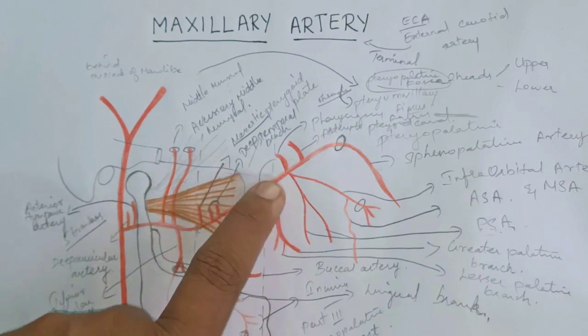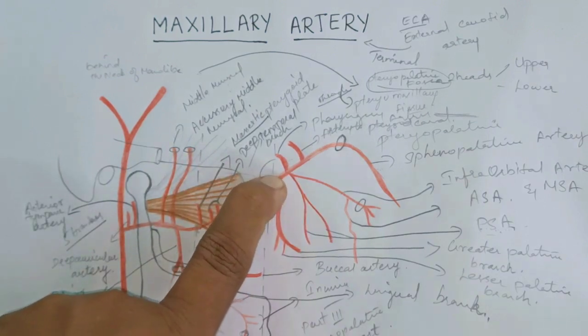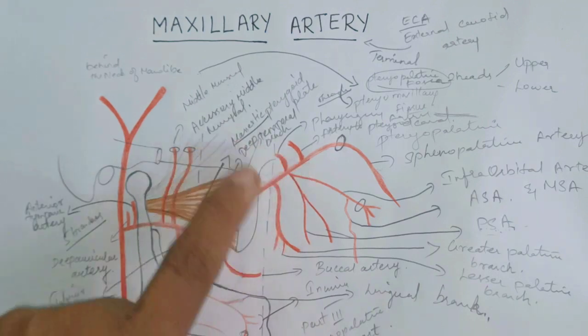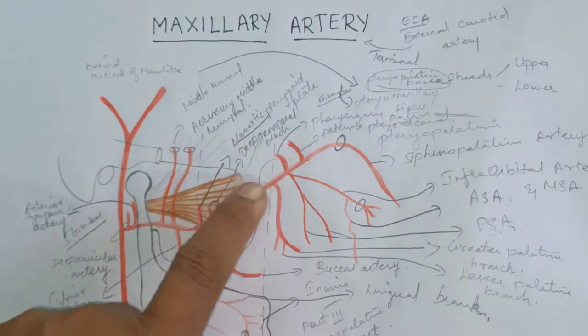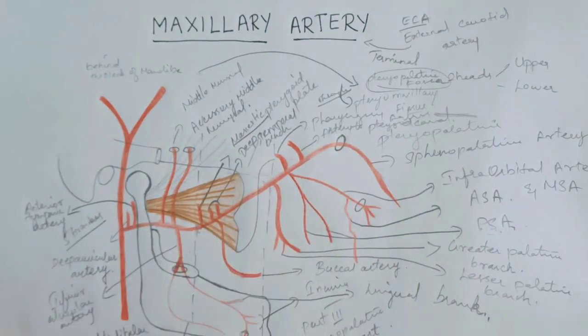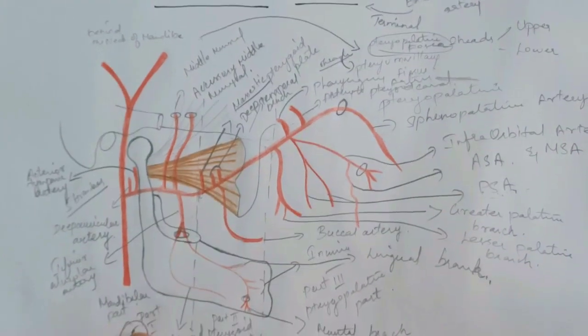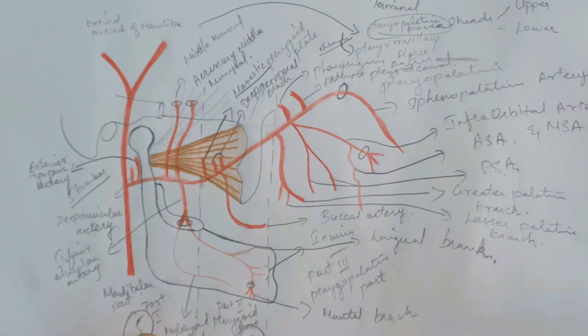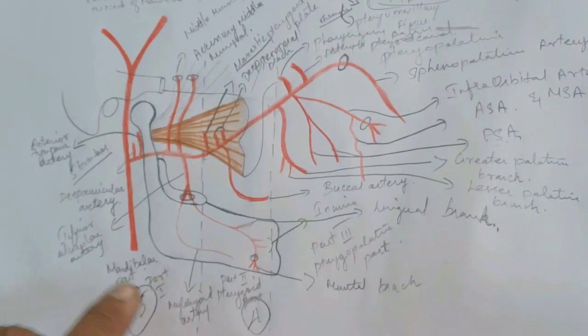It gives the second part, that is your pterygoid part, and from the upper border of the lower head of the lateral pterygoid muscle to the pterygopalatine fossa through the maxillary fissure gives the third part. So you have three parts: the first one is your mandibular part, second one is your pterygoid part, and third one is your pterygomaxillary part.